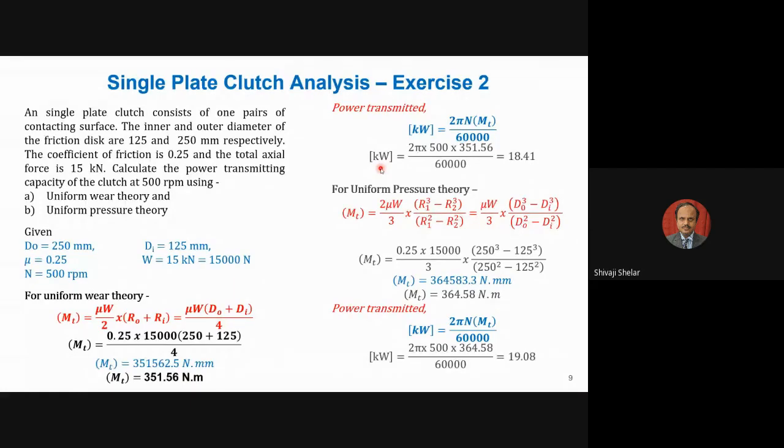Since we are coupling the engine with the gearbox and the gearbox with the application, our gearbox should remain intact. Our application machine should not fail. Our engine should not fail. What connects the engine and gearbox is the clutch system. So in any loading condition, say any overshoot condition, our clutch plate should fail, our clutch material should fail, or it should slip.